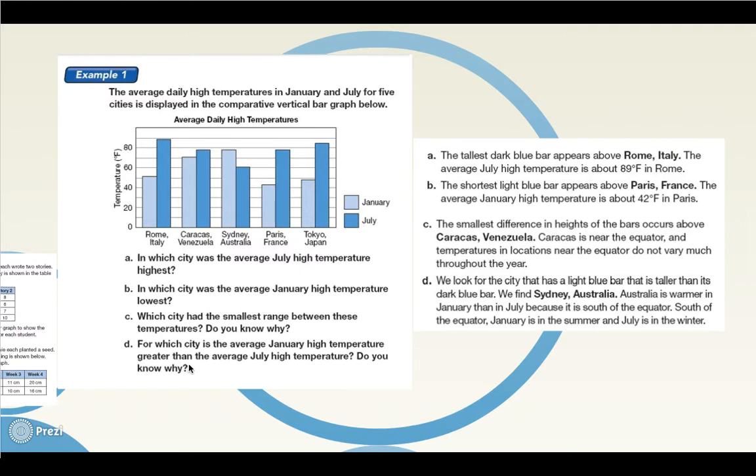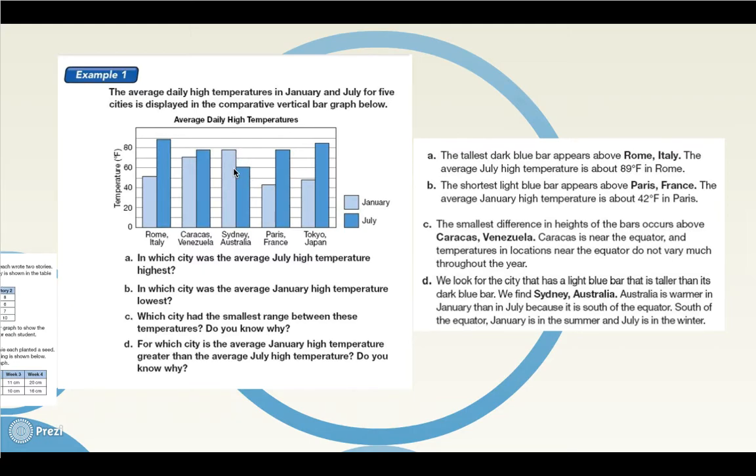For which city is the average January high temperature greater than the average July high temperature? So we're looking for a greater temperature in January than in July. It looks like Sydney, Australia fits that.